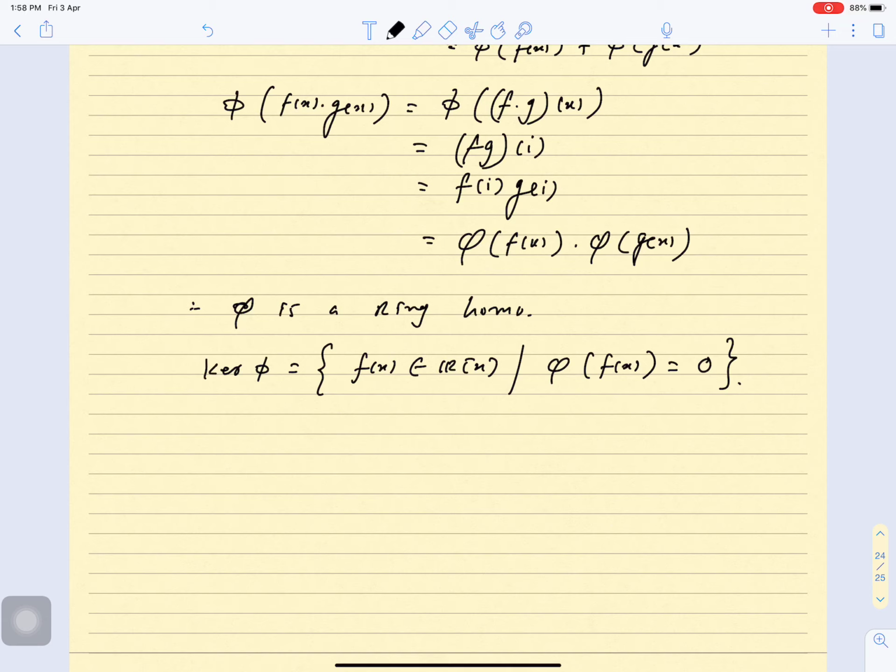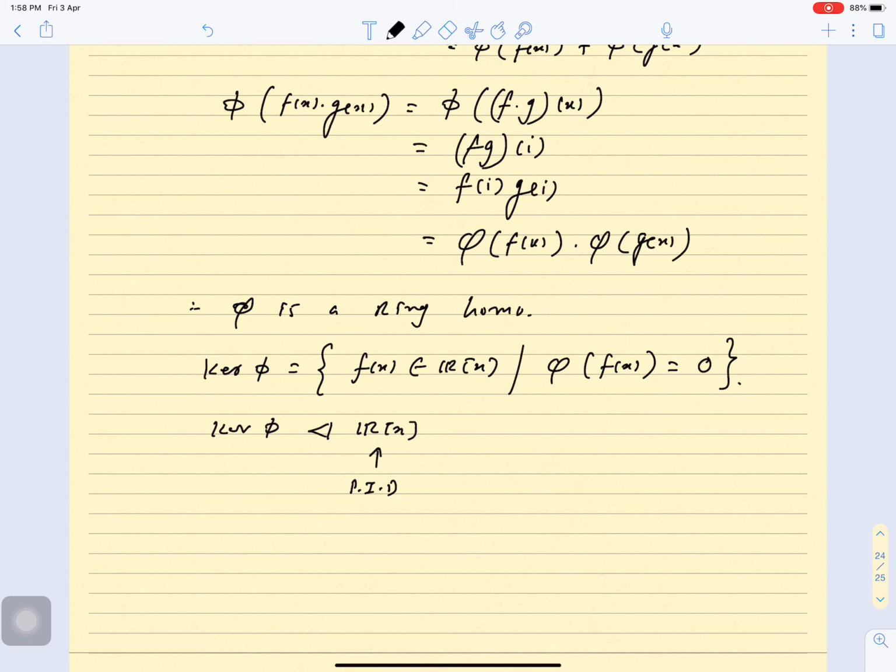As we have discussed above, and you will prove it, the kernel of phi is an ideal of R[x], and we know that R[x] is a PID.